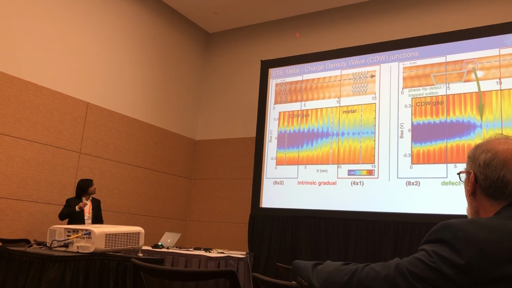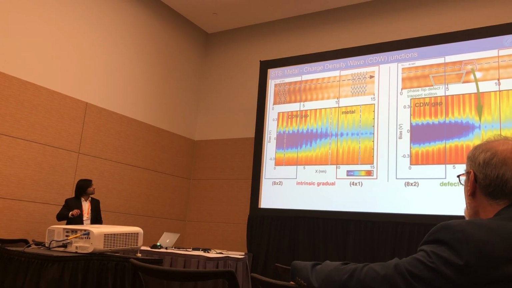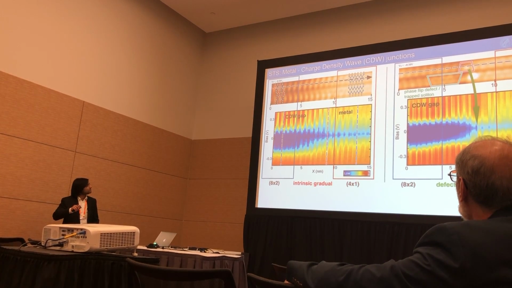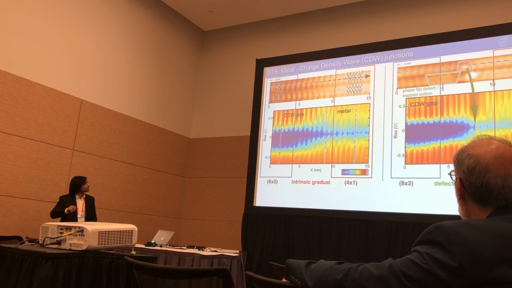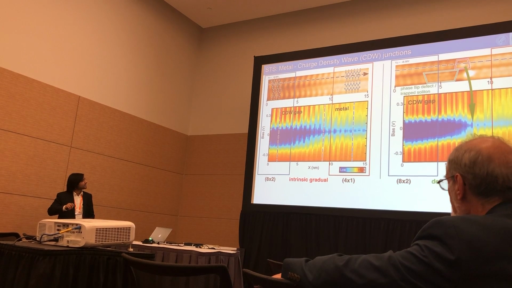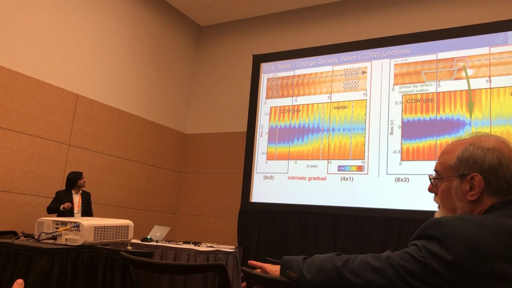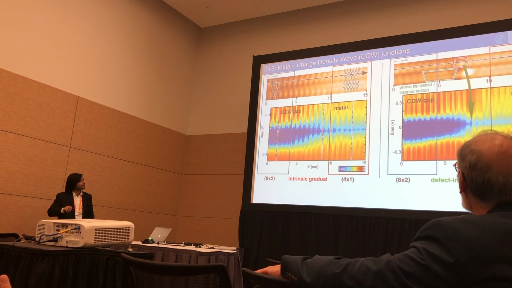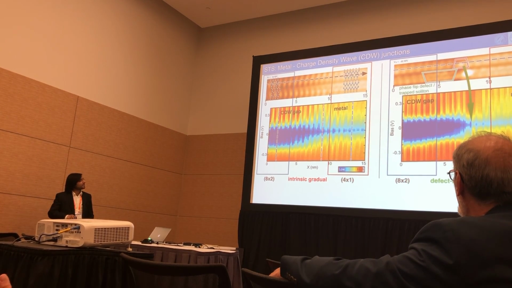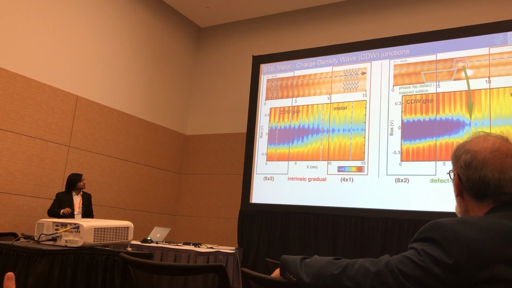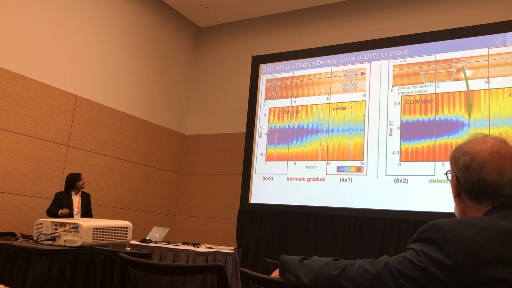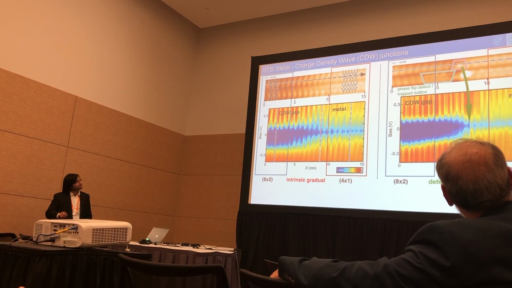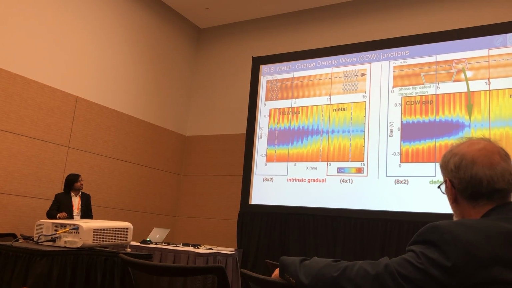Now if you follow across this arrow with this broken line, you will see that it changes quite gradually from 8x2 to 4x1 shape, depending on the brightness of the feature, because the 4x1 is the only phase which has the metallic electrons, so they are bright and shiny. But here, something happens and we get a very abrupt phase transition, and it's essentially the 4x1.